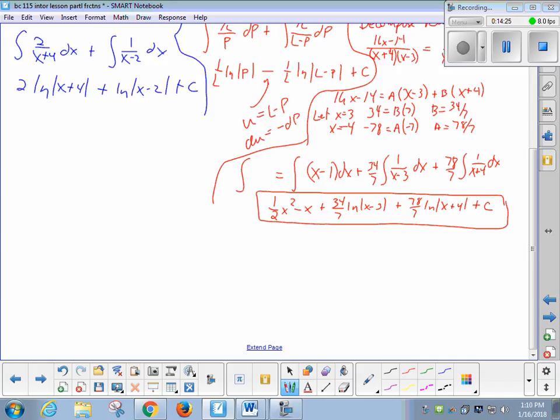So you can see there's only one of those where you have to divide. But your homework tonight is just partial fractions plus a little extra.